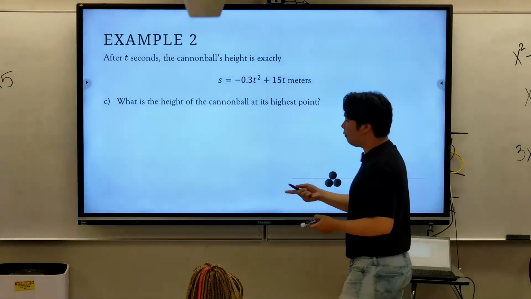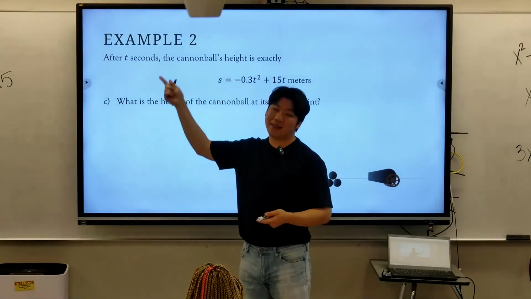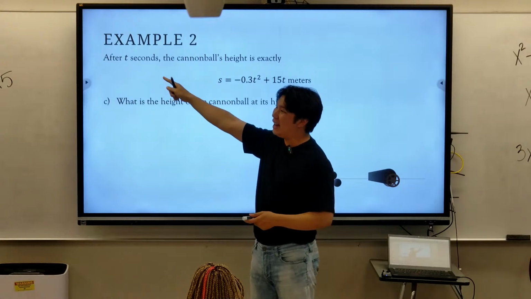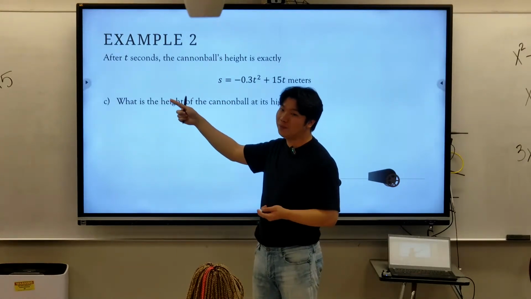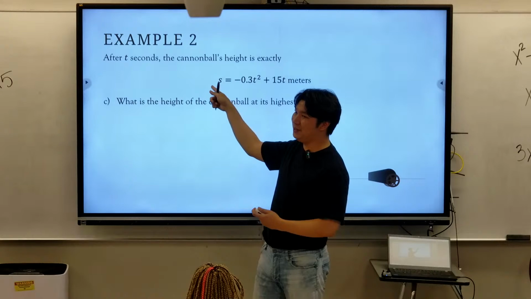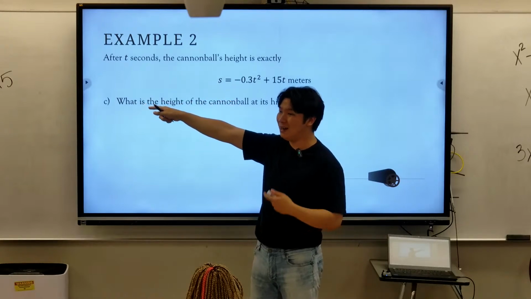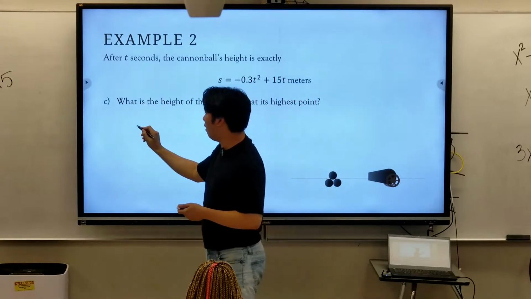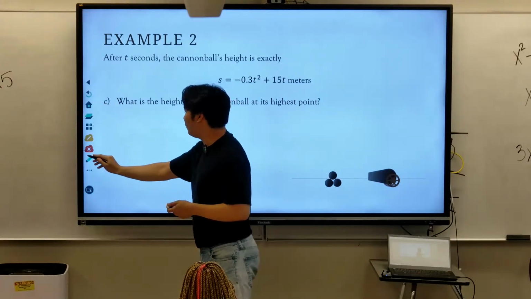Yeah, we're going to take, because we know 25 seconds is when I'm at the highest point, and I want the height or the position. So really, I'm taking the height function and plugging in the time that we already found. So I can write this as s of 25.